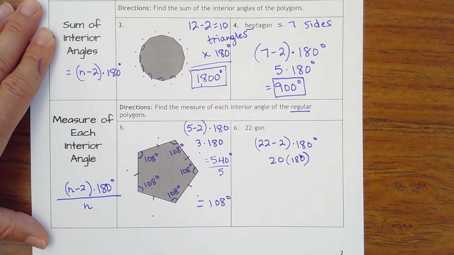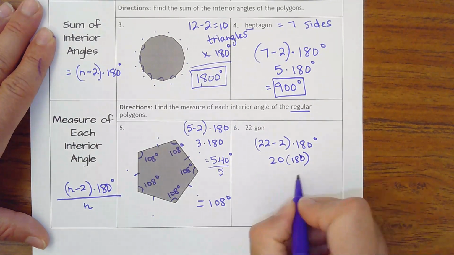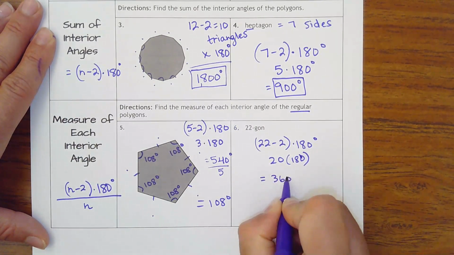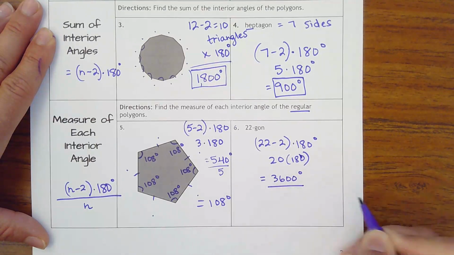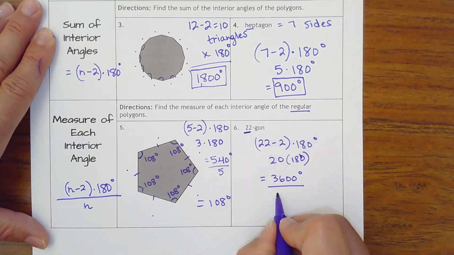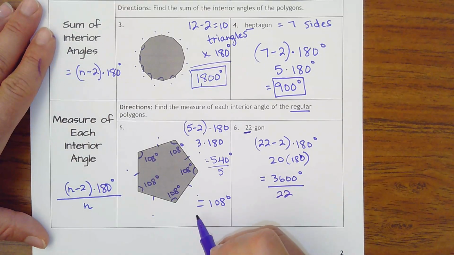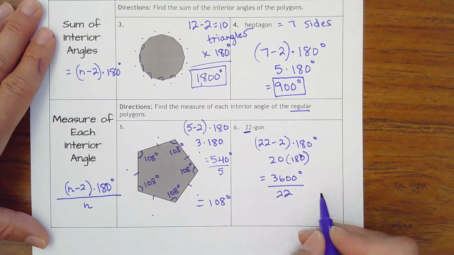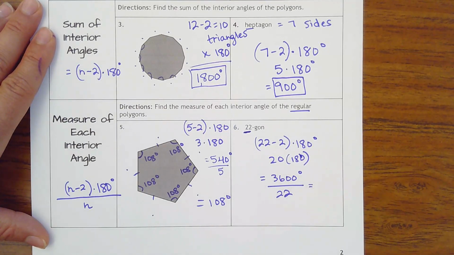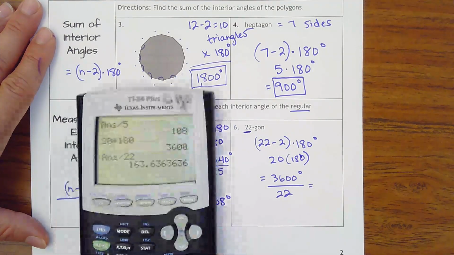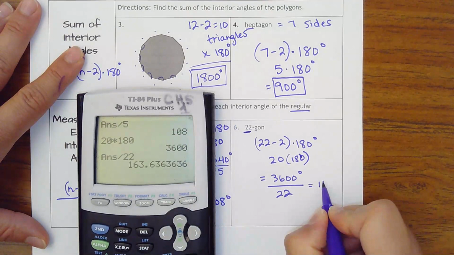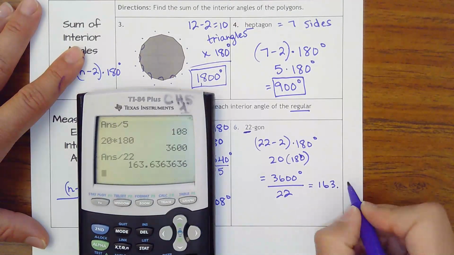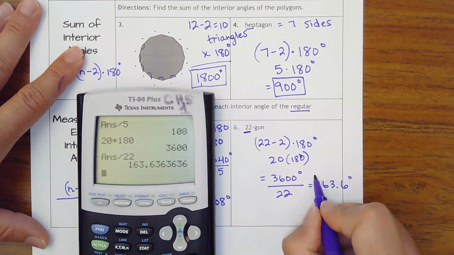I can do that in my head because 18 times 2 would be 36. Add the 2 zeros, that should be 3,600 degrees total, but divided by the original 22 sides because there will be 22 angles on the inside. So that divided by 22, we want to just round to the nearest tenth. So it'd be 163 point, let's just say 6 degrees.